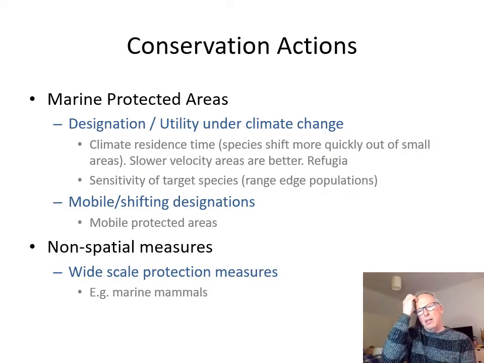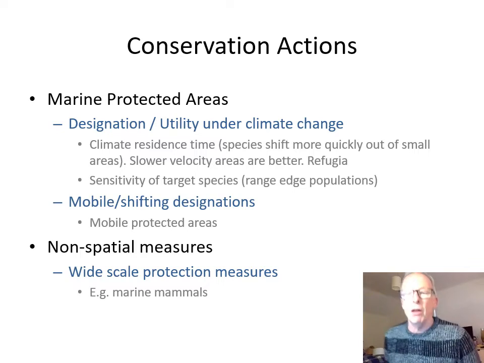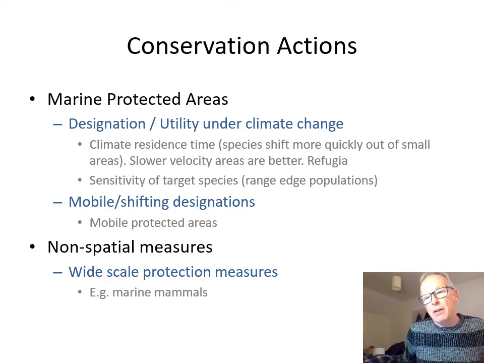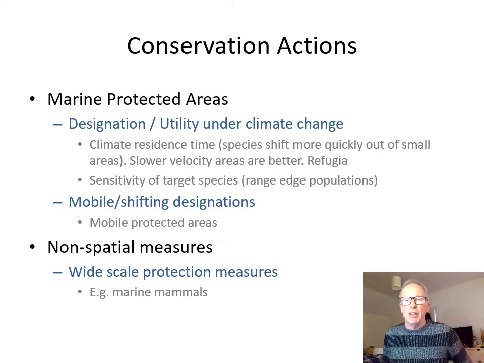So all this has got quite a lot of importance for conservation. I think it begins to be obvious when you're considering changes in distribution how marine protected areas, which are essentially static, fixed areas that have been designated for their particular conservation value, may not be protecting those species into the future.